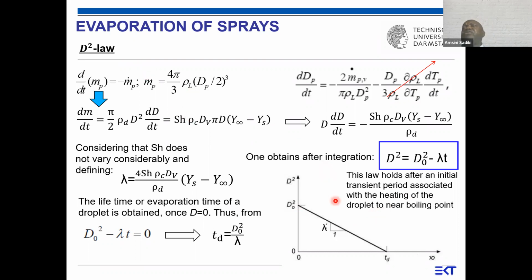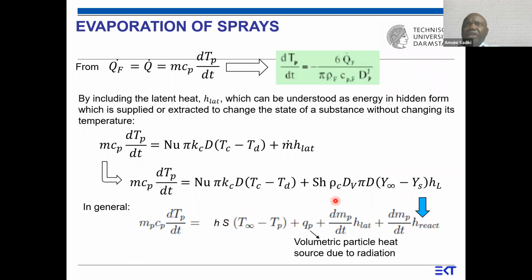This law holds after an initial transient period associated with the heating of the droplets near the boiling point. It is sometimes verified for some processes. Before I give some examples, let's show how we also get the equation for the temperature of the droplets.